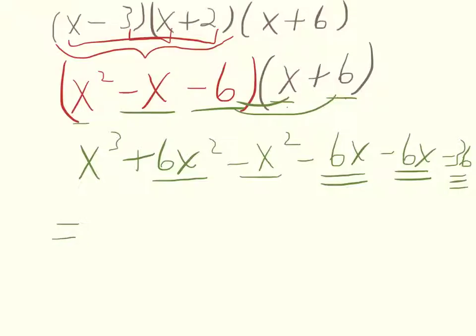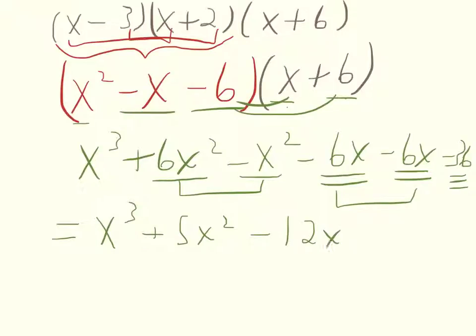So our final product here, x cubed, 6x squared minus x squared is plus 5x squared. 6x and 6x, both negative, make negative 12x, and then minus 36. Okay, and that is another completed binomial times a binomial times a binomial.